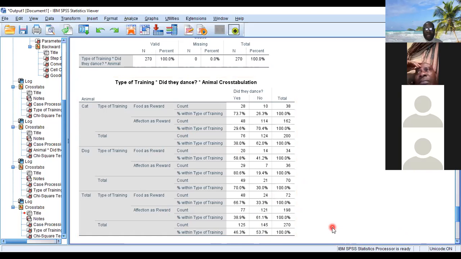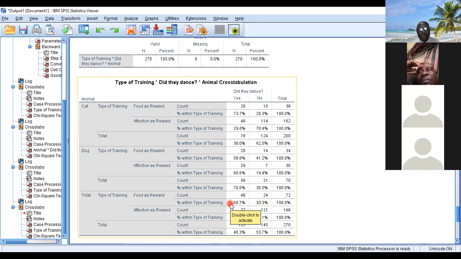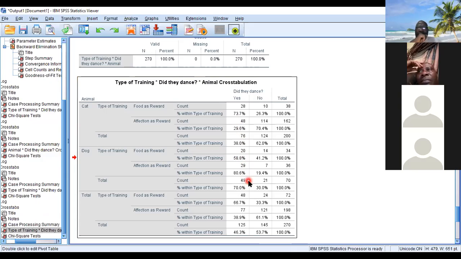And that's okay. You now interpret overall, we have more of dancing with food, and the people that dance more respond to food. Then you look at the percentage. Then you say, okay, there's one we have not done.